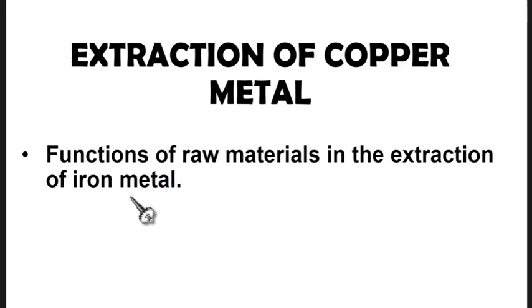So I thought it very important that I talk about them in this lesson before I look at the extraction of copper metal, which is a very important lesson, because trust me, if you go on the internet and look at the extraction of copper metal, you are not going to understand it the way I'm going to explain it in this video. You can watch many videos on YouTube about extraction of copper metal, but you are not going to find any video that explains it as clearly as I'm going to do in this video.